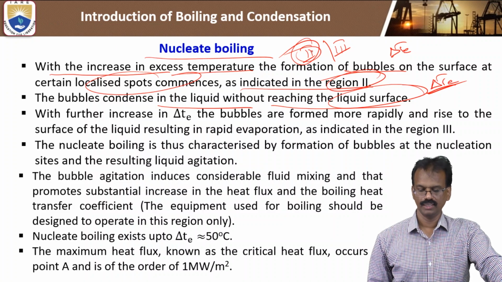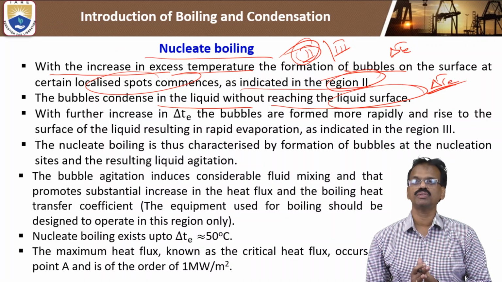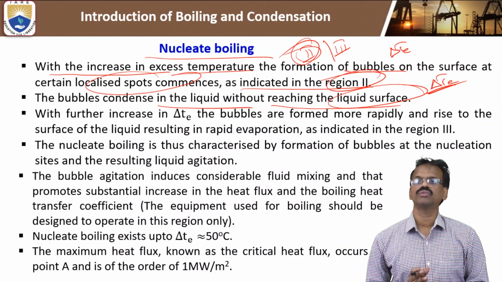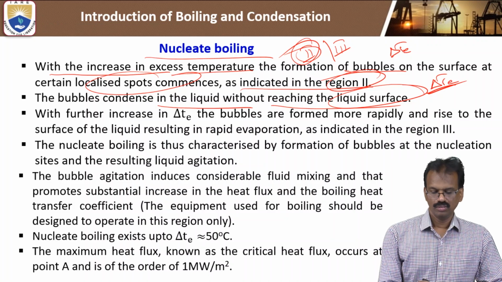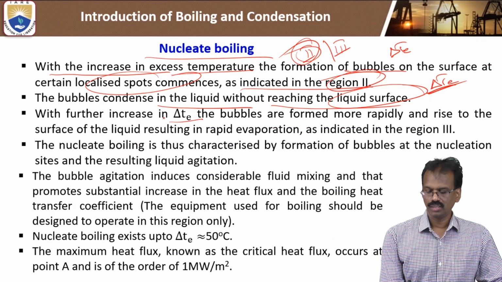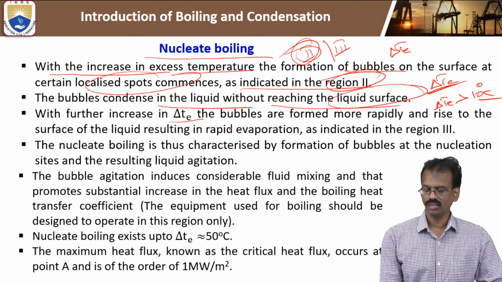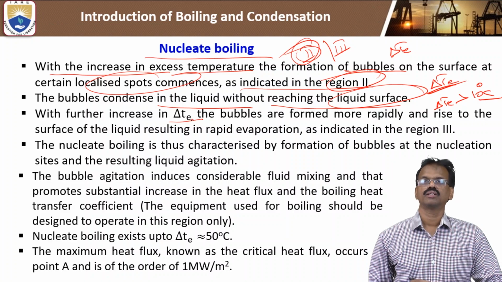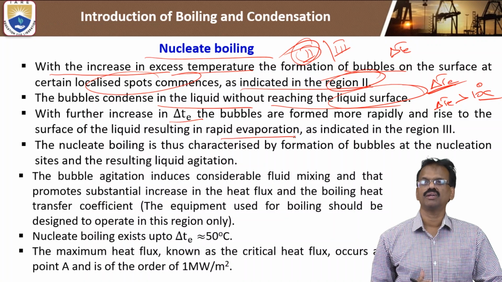In the first phase, the bubbles condense in the liquid. Bubbles form, but due to the low temperature, these bubbles condense into the liquid without reaching the top surface. With a further increase in delta T, if delta T is greater than 10 degrees Celsius, the bubbles form rapidly and rise to the top surface of the liquid, resulting in rapid evaporation.